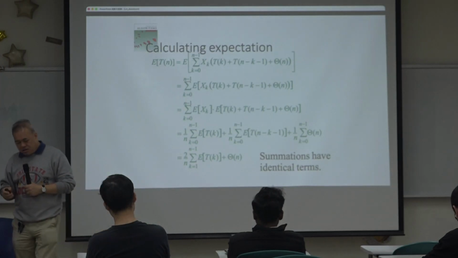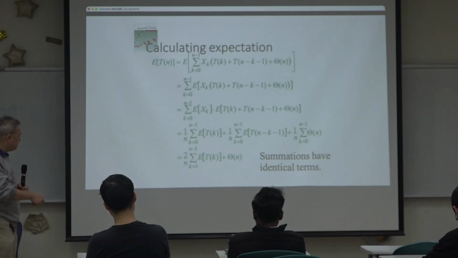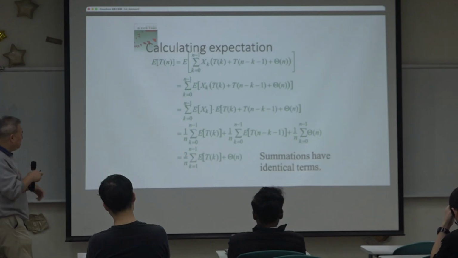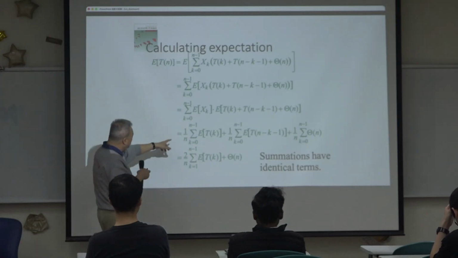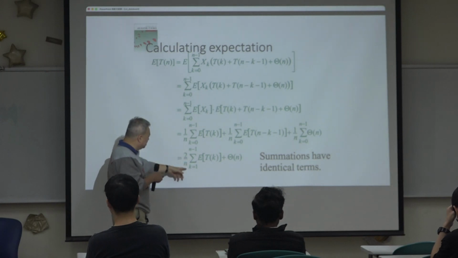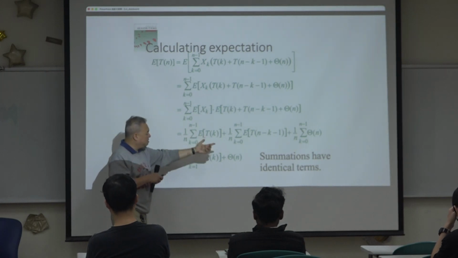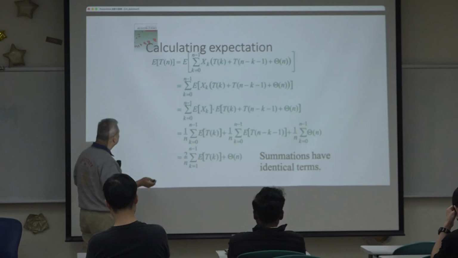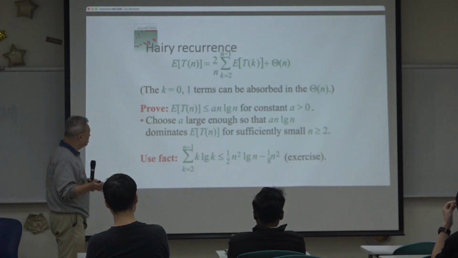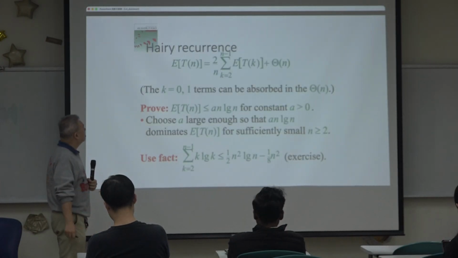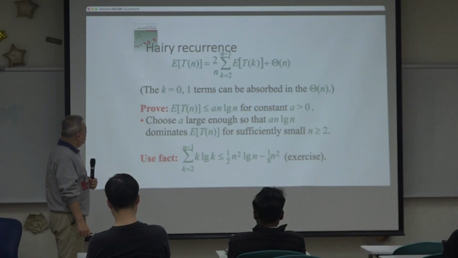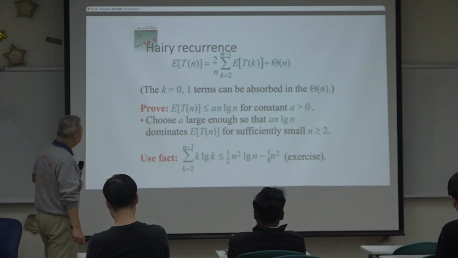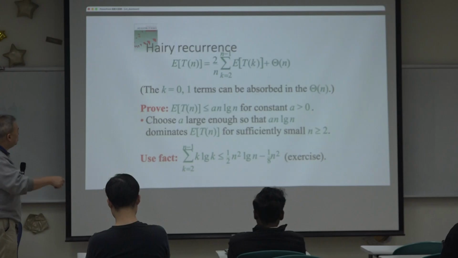So we have this. So far so good, right? So this one from 1 over n becomes 2 over n. These two terms are basically the same. So we have this.